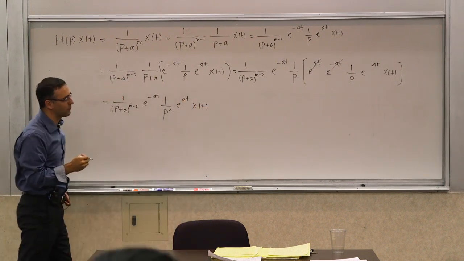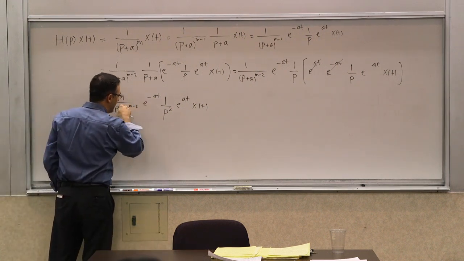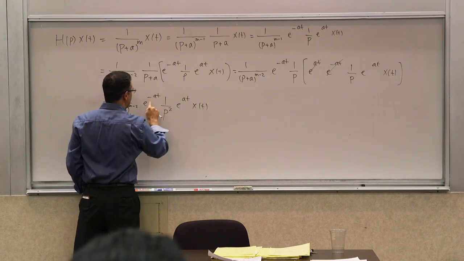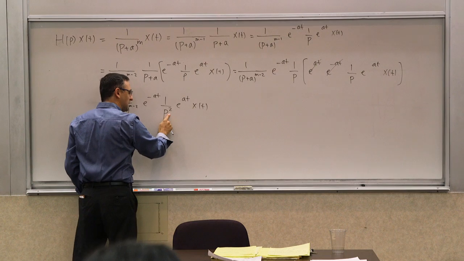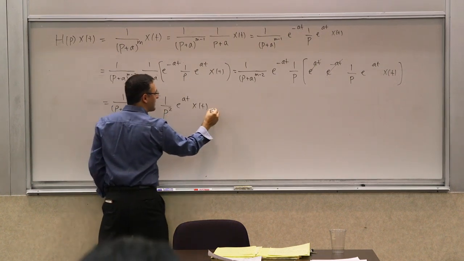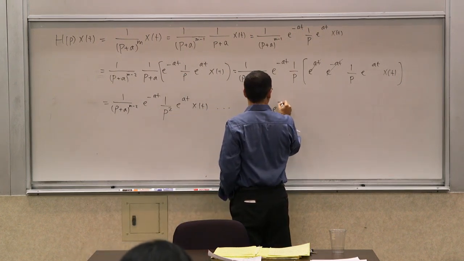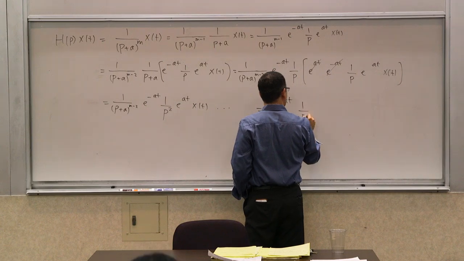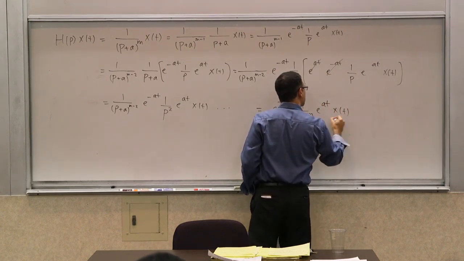Now every time I take one of these out, the inside e to the at will cancel the outside e to the negative at, and I get 1 over p to the 3. So at the end of this sequence, I will end up with e to the negative at, 1 over p to the m, e to the at x of t.